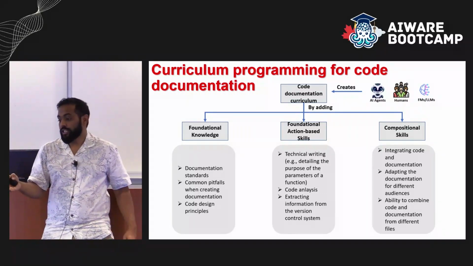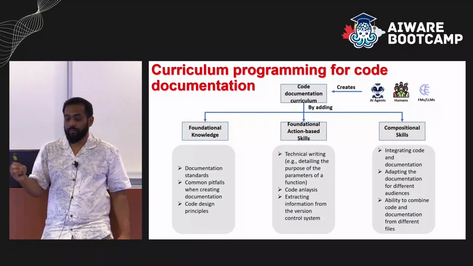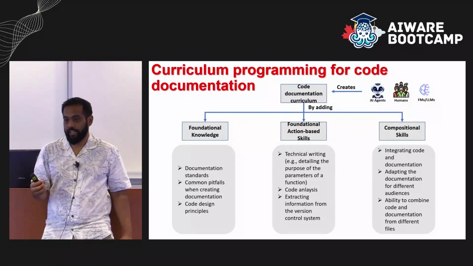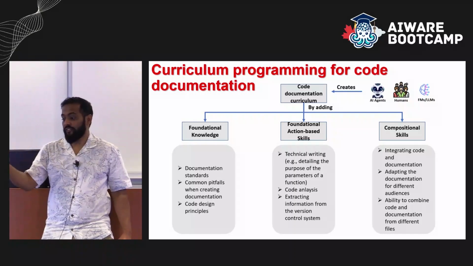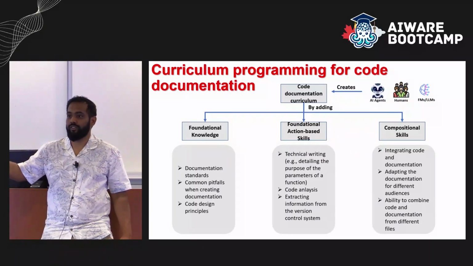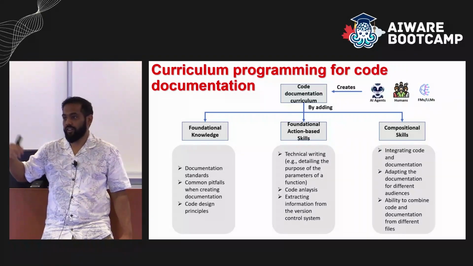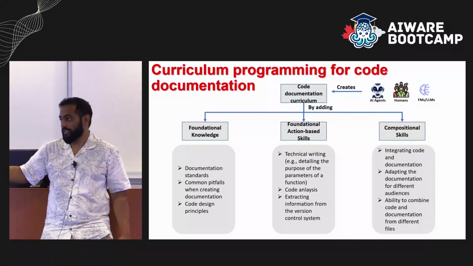Some of the questions might be: what are the documentation standards? What are the common pitfalls when we are creating documents? When we put these in the curriculum, we then have representative data points when we are fine-tuning the model or the agent.